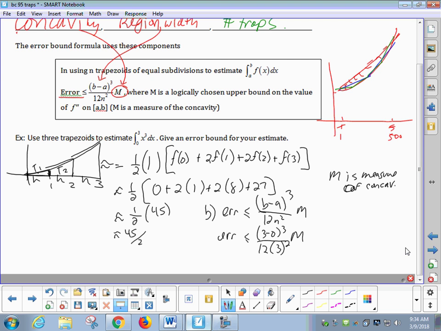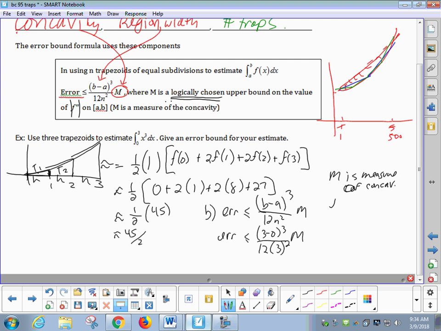There's actually a number attached to concavity. How concave is it? How much are the slopes changing? That's actually a number. M is a logically chosen upper bound on the value of the absolute value of f double prime on a to b.